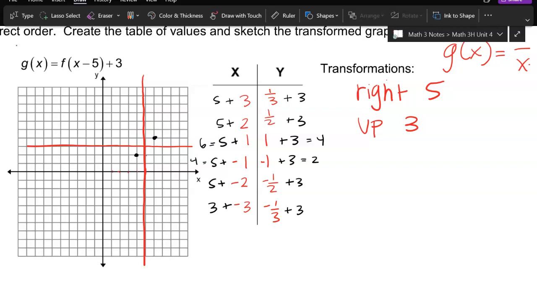So then 7, 8, and then 3 and 0. And then we will have 1/3 plus 3. So we got to change this 3. So it's going to be 9 over 3.